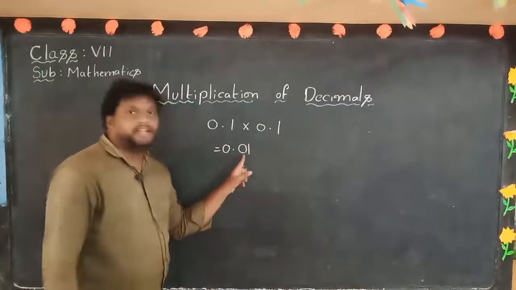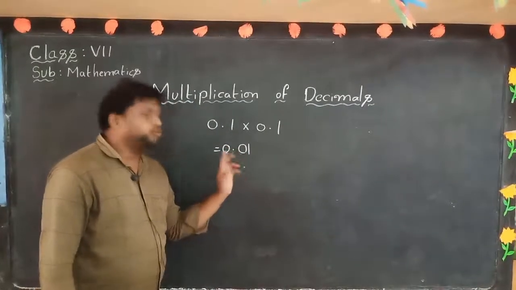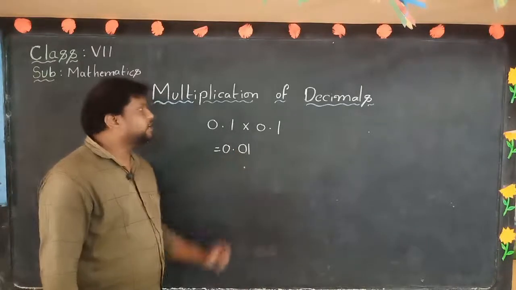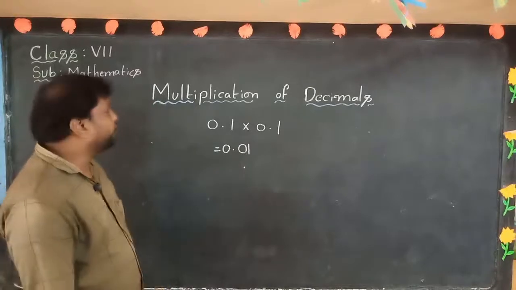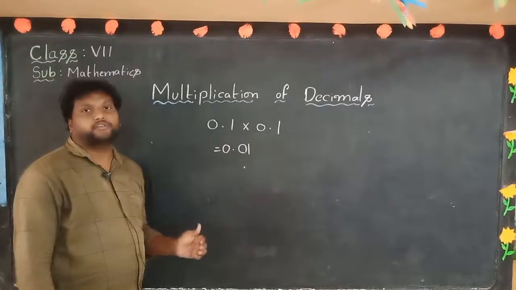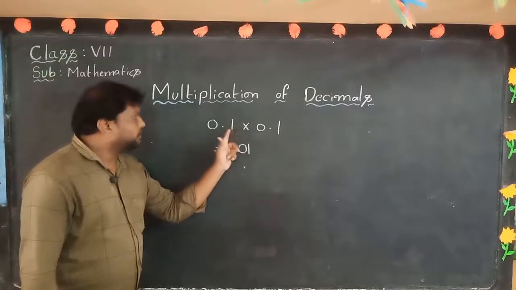See, now in the decimal part we have 2 digits. This is the multiplication of decimals. First of all, just multiply the two terms.